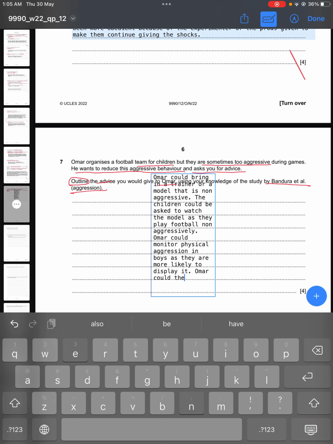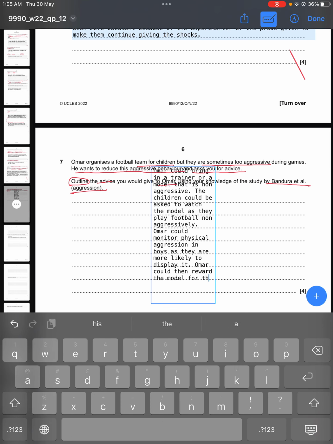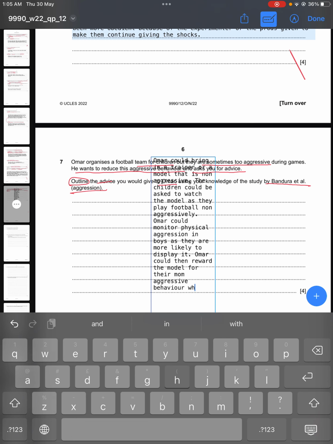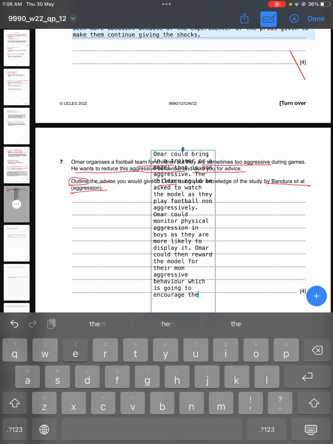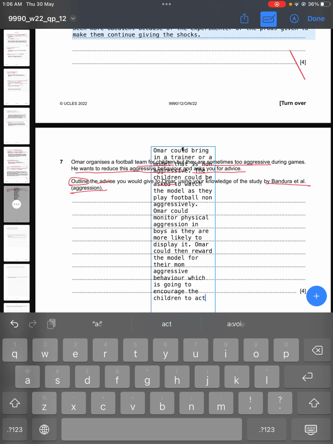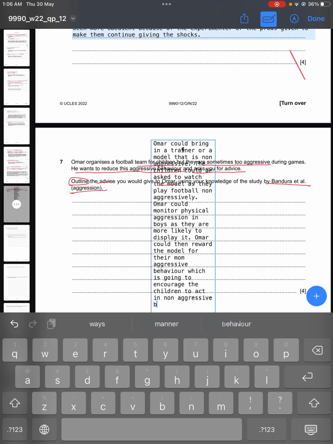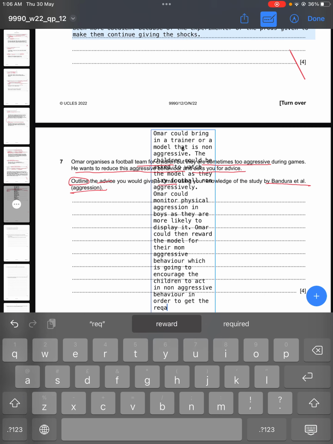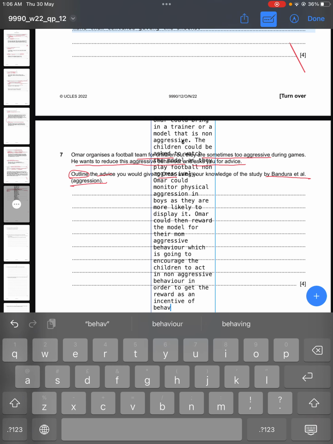Umar could then reward the model for their non-aggressive behavior, which is going to encourage the children to act in non-aggressive behavior in order to get the reward as an incentive for behaving nicely.